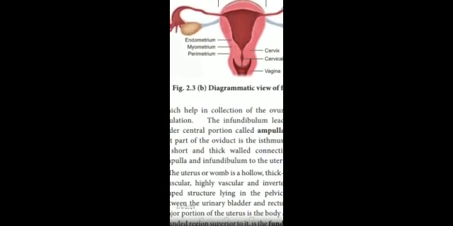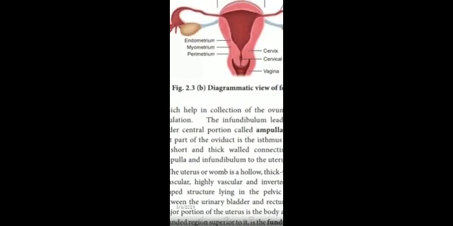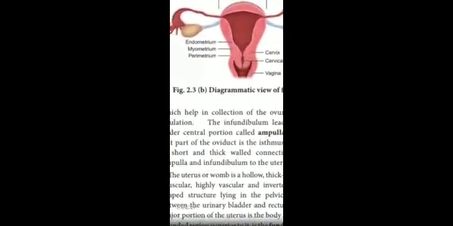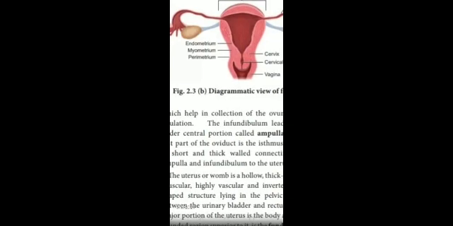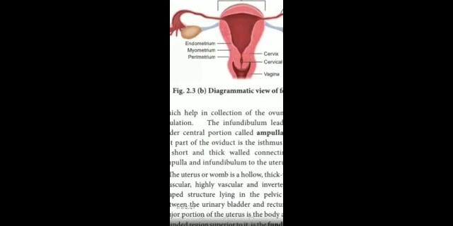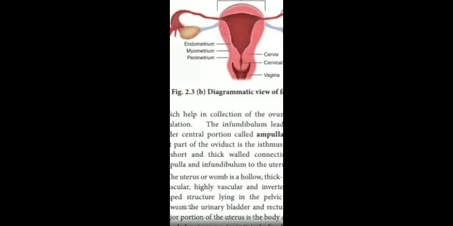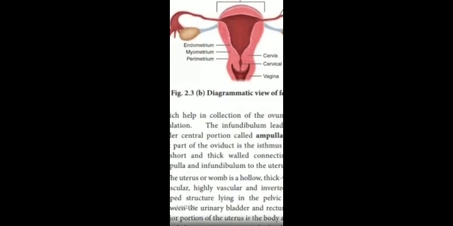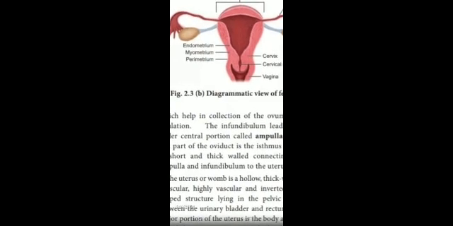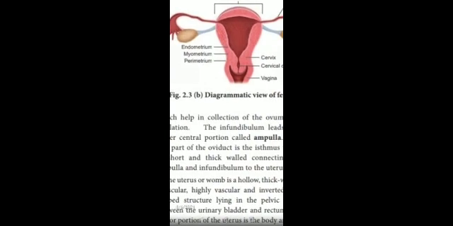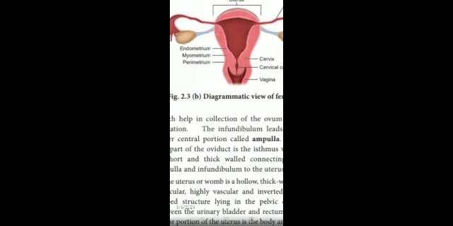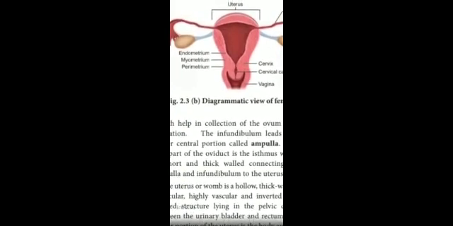The inner glandular layer is called the endometrium. This is the inner side only. This endometrium undergoes cyclic change during the menstrual cycle, while the myometrium exhibits strong contractions during parturition, that is, during delivery time.